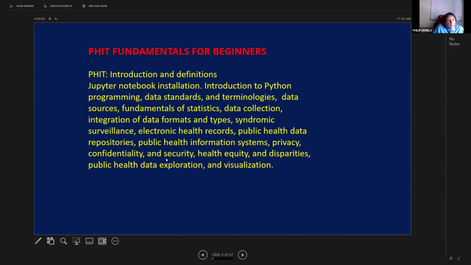Then we give them knowledge on data sources and fundamentals of statistics.